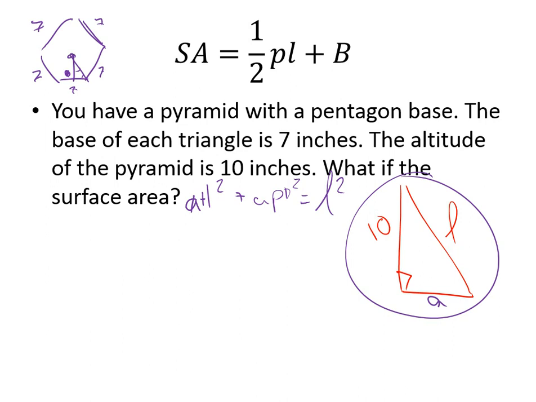Or you can say h squared plus a squared is equal to l squared. Once you plug it all in, finding your apothem, finding your area, and adding it all together, you end up getting your answer of about 278.6 inches squared.